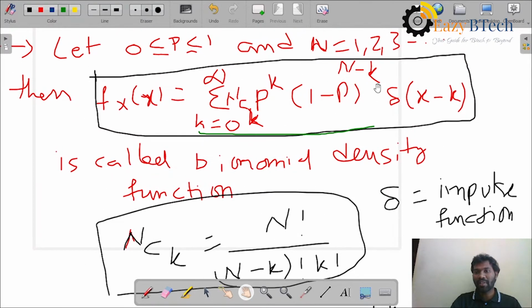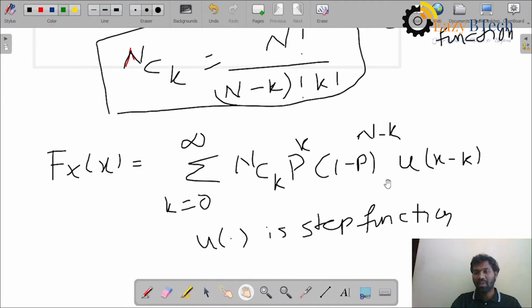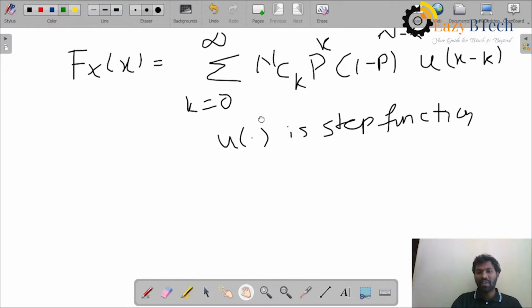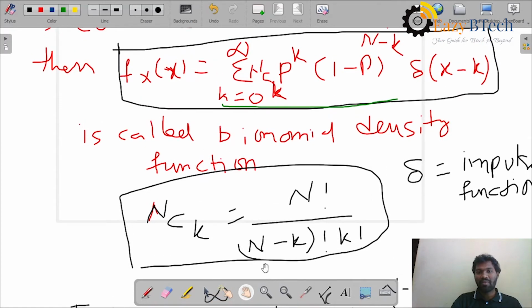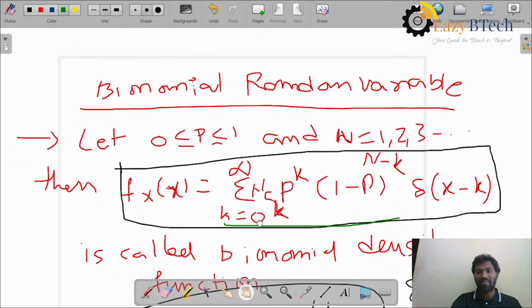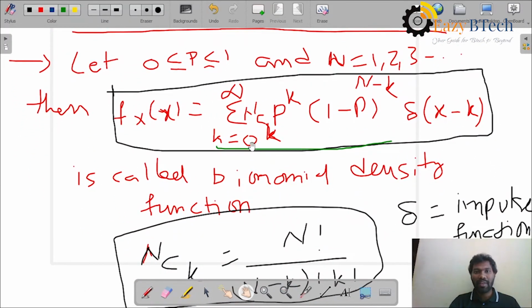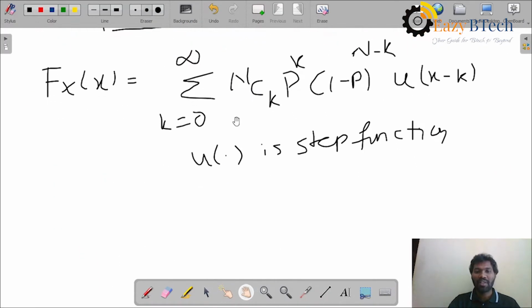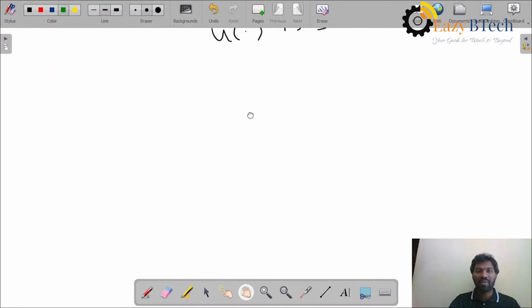That means the integration of the impulse function becomes the step function. This is the explanation of the binomial random variable. If they ask you about any random variable, you have to write the density function and distribution function.